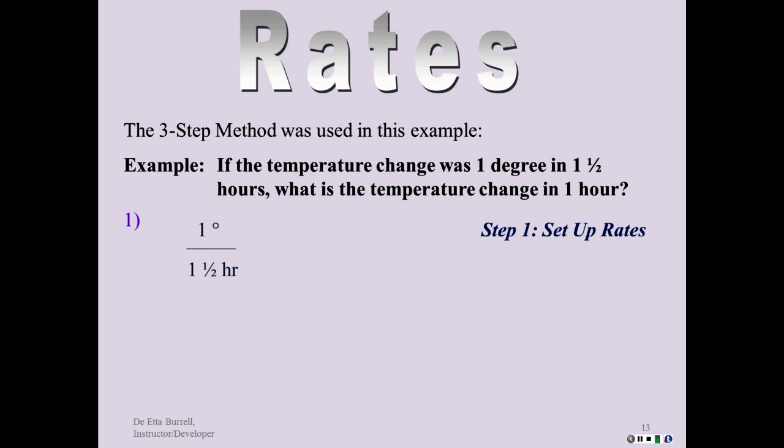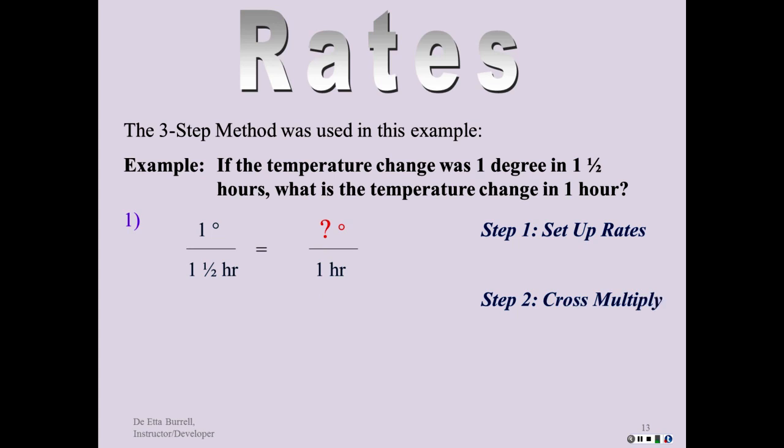What other thing did they give you in this problem to help you solve? What is the question? What is the temperature change in 1 hour? The 1 hour needs to be right across on the same row as hours that you were given.